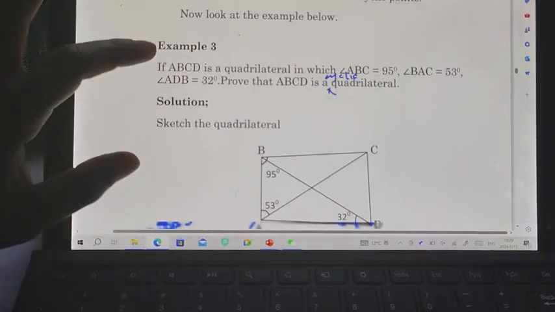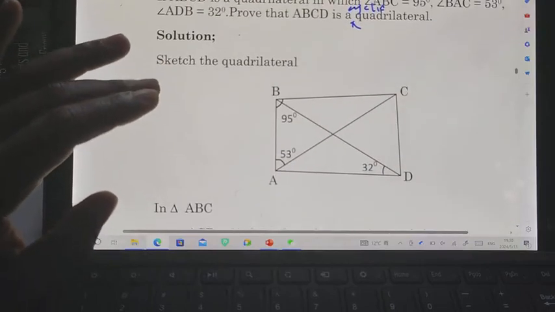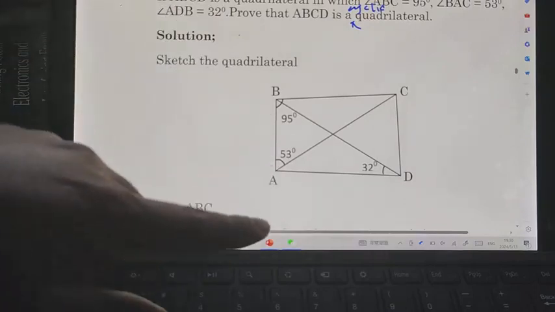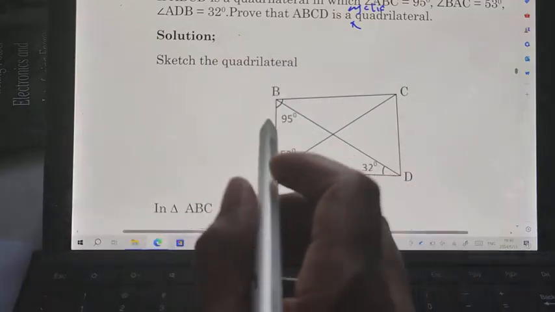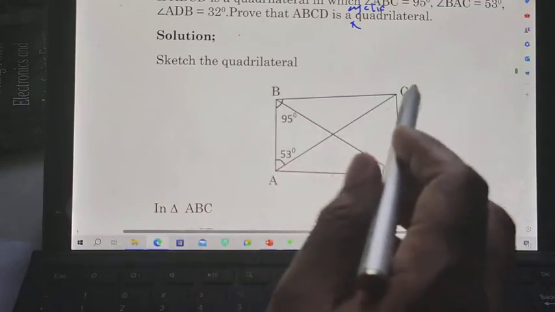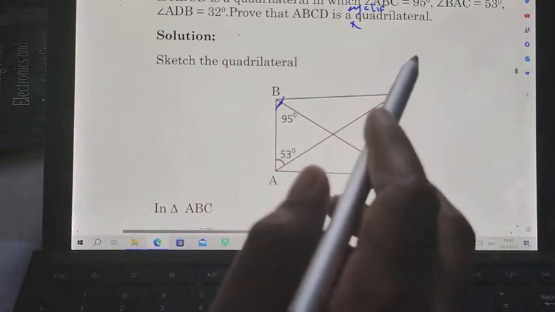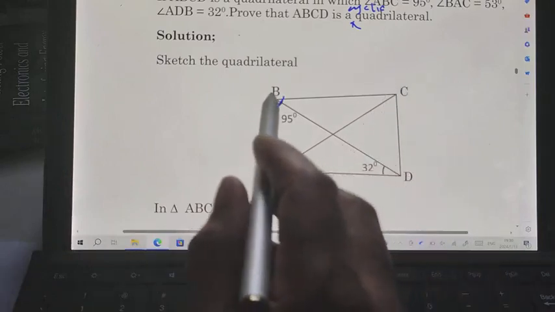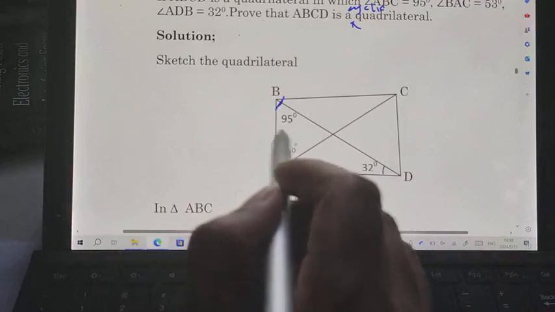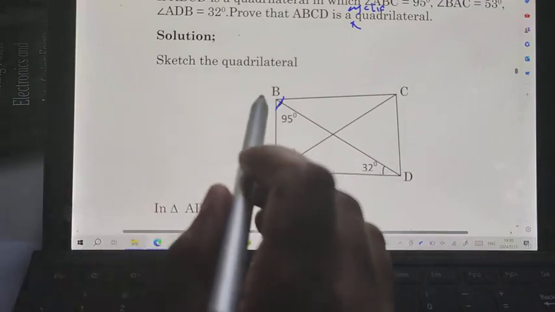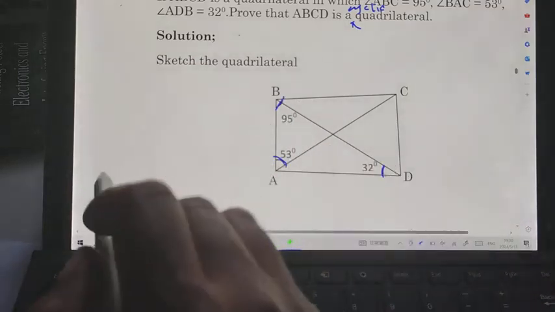They're saying we have this figure, and in this figure ABCD is a quadrilateral in which angle ABC, that's that angle, is 95 degrees, and the angle BAC, this one, is 53 degrees, and the angle ADB, this angle, is 32 degrees.